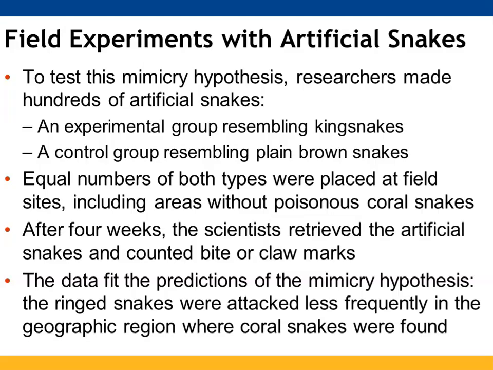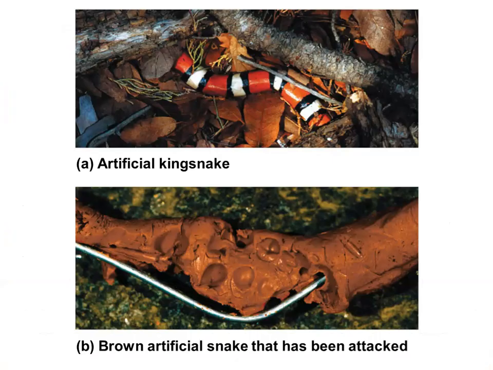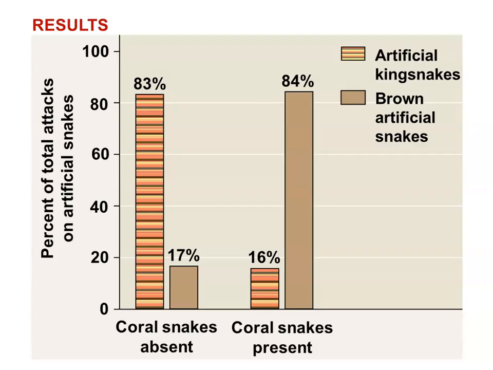The ring snakes were attacked much less frequently in the areas where the coral snakes were. So the coral snakes' coloration was kind of a signal to the predators to stay away. There are your artificial snakes, and you can see the ones that were attacked, the brown one, and the ones that weren't. Now, when the coral snakes weren't present, the bright color did cause the artificial king snakes to be attacked.